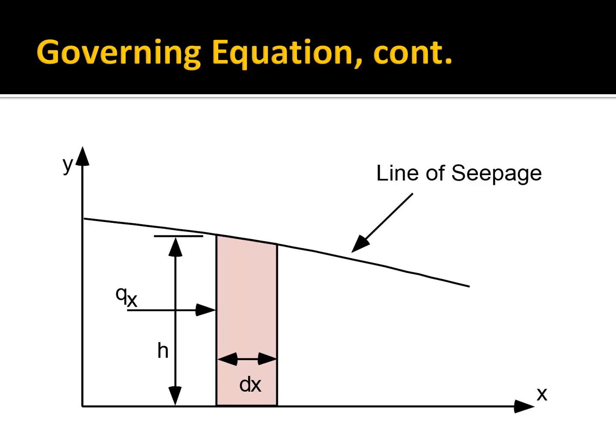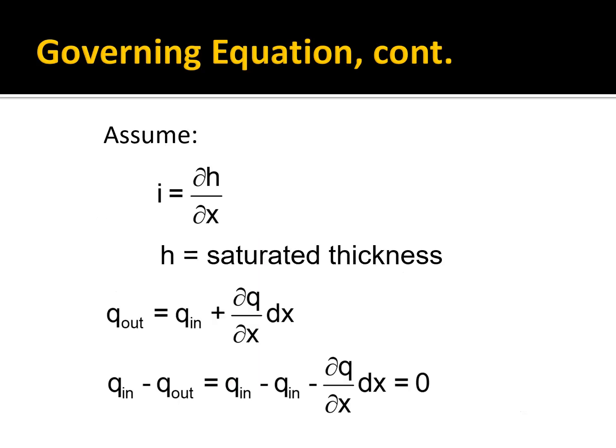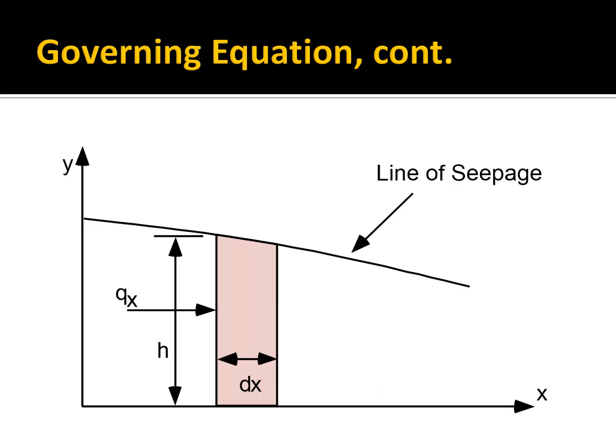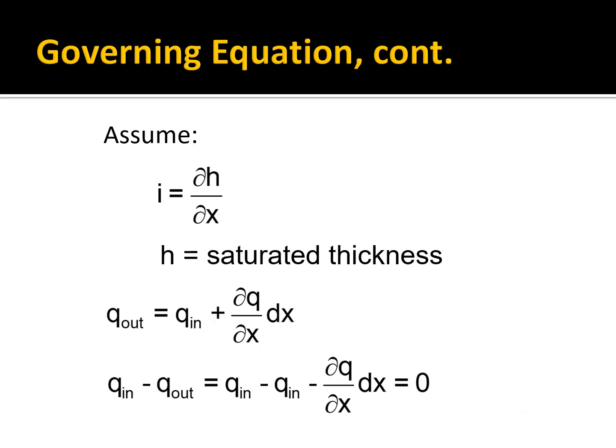Then we're going to look at flow in the x direction through this element as we go through this derivation. We're going to assume that the hydraulic gradient is equal to del H del X, which is, again, the slope of this free surface up at the top. The flow is horizontal, so the direction of flow is dx. H is the saturated thickness.